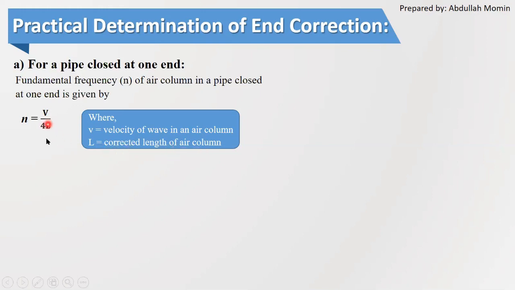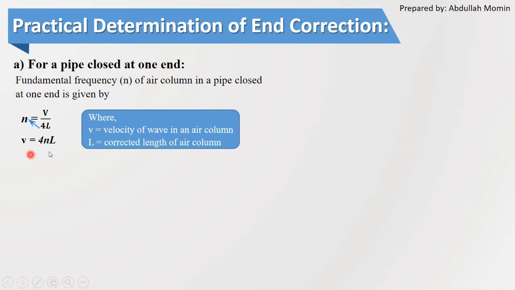Now we are going to modify this equation. This 4L goes to the other side of the equal sign and gets multiplied with n. So this equation can be rewritten as V is equal to 4nL.